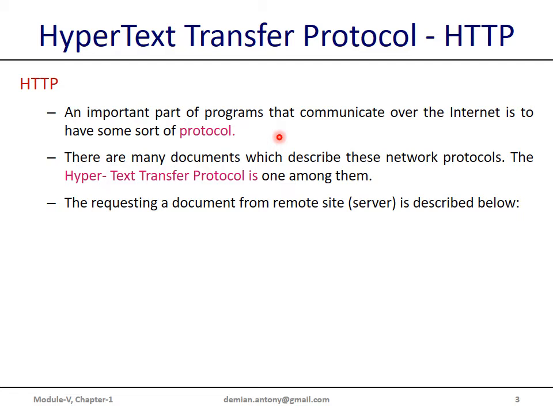And one such protocol document is called HyperText Transfer Protocol, HTTP. This HTTP is an application layer protocol which has two formats. One is the HTTP request and the other is the HTTP response.